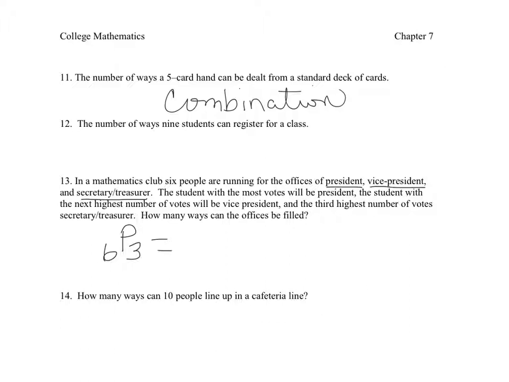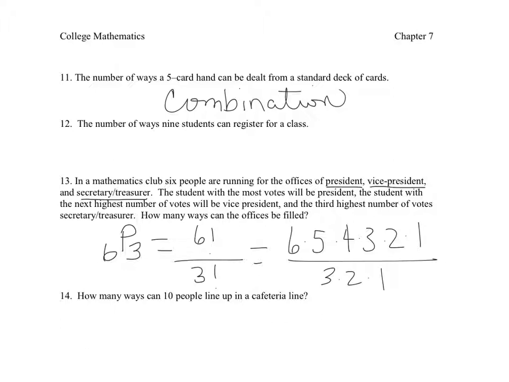And if I simplify this out, this would be 6 factorial over 3 factorial, which means I'm multiplying 6 times 5 times 4 times 3 times 2 times 1 over 3 times 2 times 1. This is what it's going to look like if you did it without the calculator. Whichever way you choose, you should still come up with 120 for your answer. That's how many ways the offices could be filled.